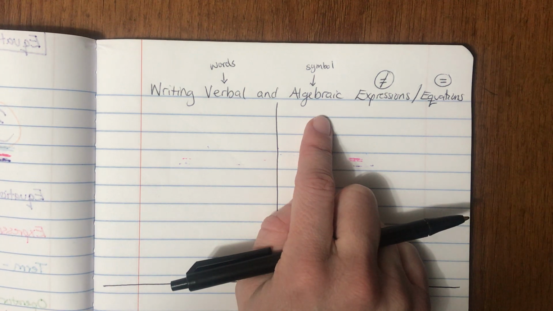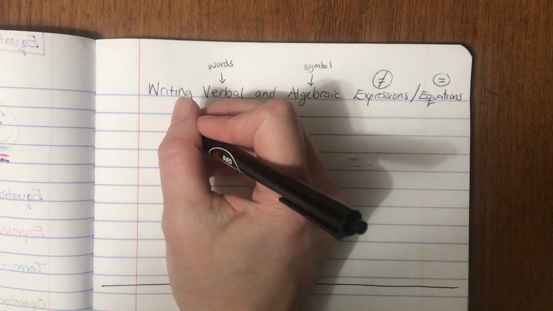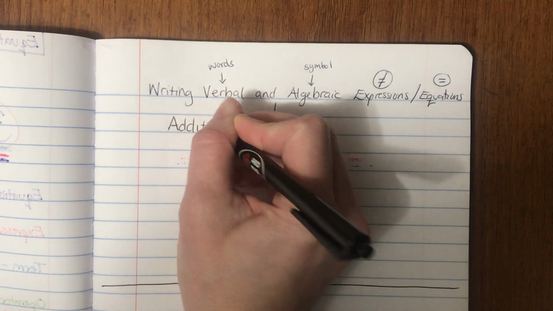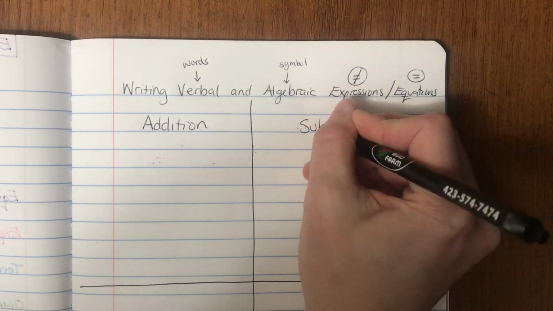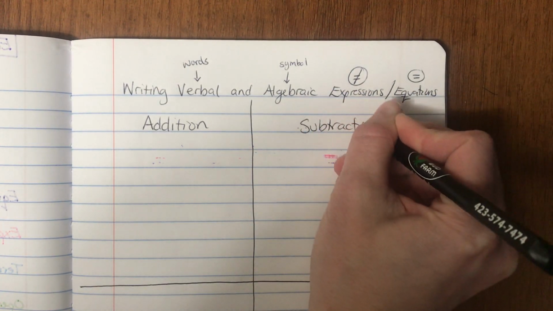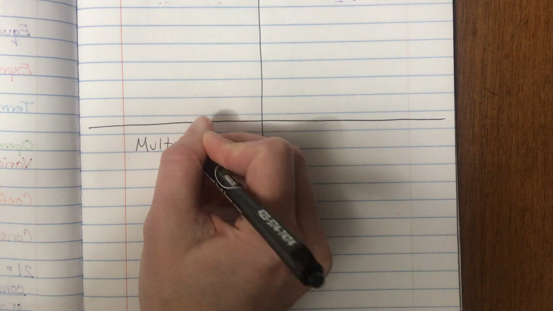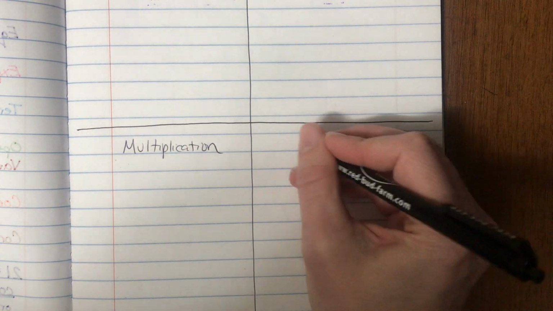Without further ado, let's talk about addition words. At the top box, we're going to call this addition. Then we'll talk about subtraction, then multiplication, then division.